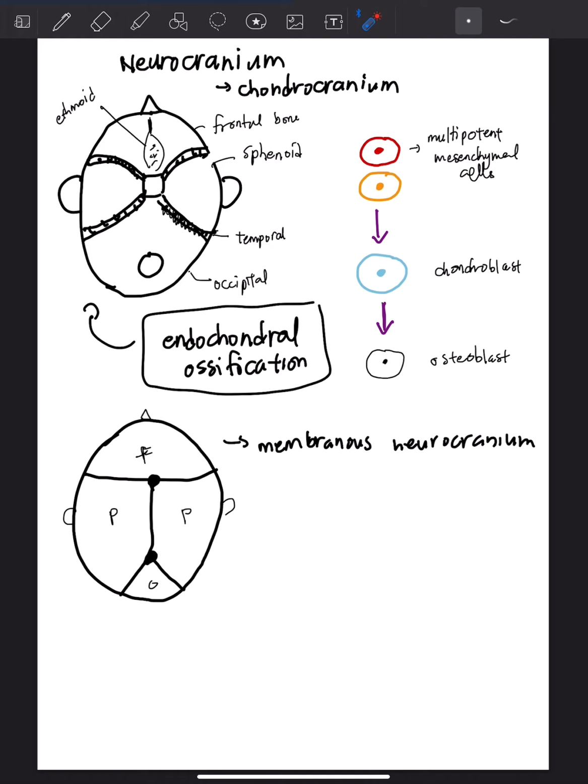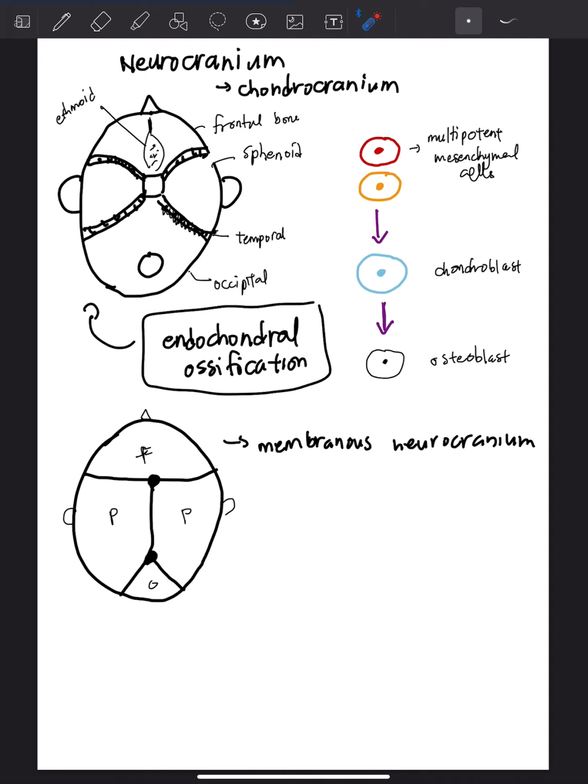So these sutures are all just cartilage first, right? And in this region here is where you have all your fontanelles, between the coronal and the sagittal suture would be the bregma, and between the sagittal and the lambdoid sutures would be the lambda. So we know that in children, the bones of the skull cap have not yet fused together.